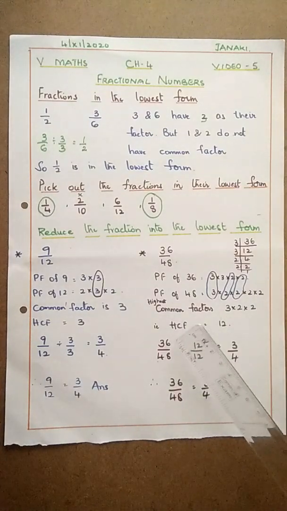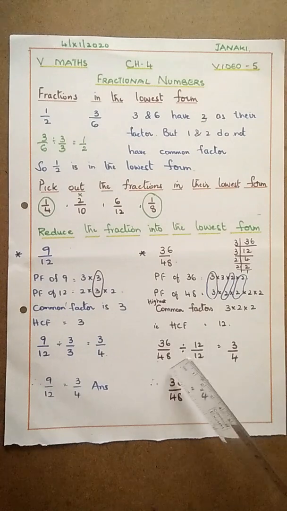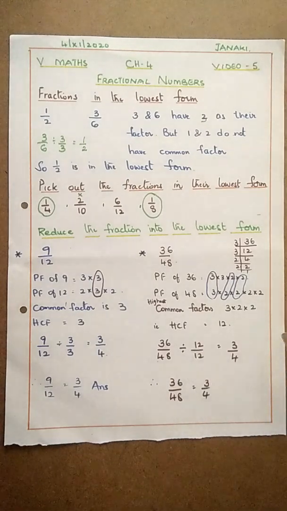So, 36 by 48 is reduced to 3 by 4. Now, is there any common factor for 3 and 4? No, only 1 is there, isn't it? So, it can be left like that. So, 36 by 48 is reduced to the lowest form as 3 by 4.